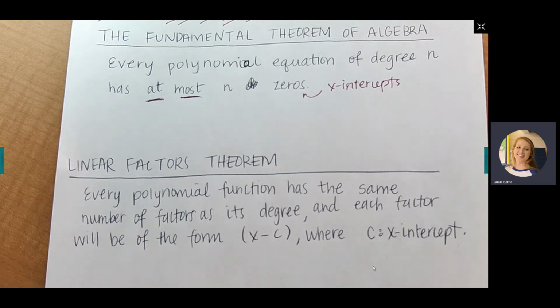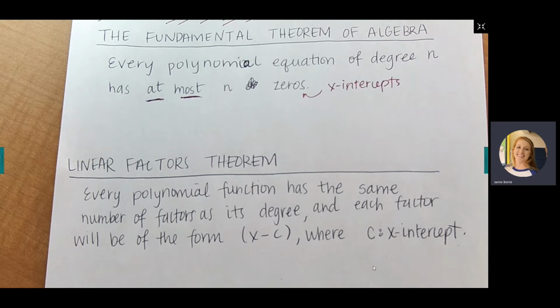For example, if your function is f of x equals x minus 1 times x plus 2, this has 2 factors. So it must be degree 2, because the linear factor theorem tells us the number of factors is equal to the degree.